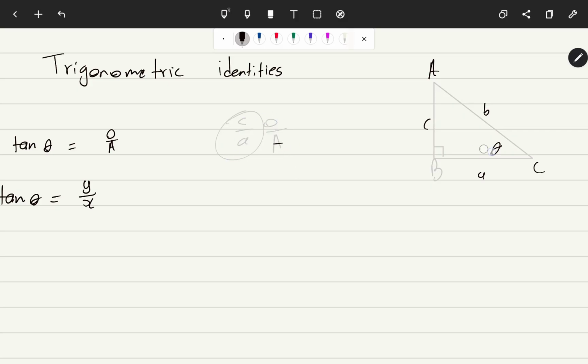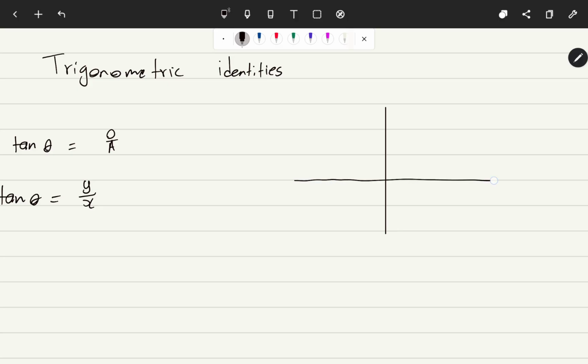To go deeper, we also spoke about the Cartesian plane and trigonometric ratios. Say you have your point P, which is (x, y), where both x and y are positive.